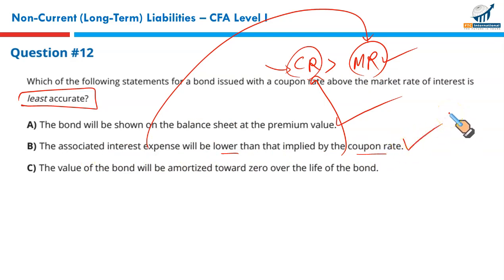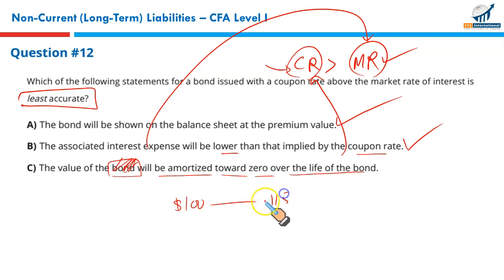Last, the value of the bond will be amortized towards zero over the life of the bond. No, this is wrong. The bond is not amortized, rather the premium or discount is. For example, if you sell a $100 bond for $115, this 15 is called bond premium. Sometimes when your offered rate is lower than the market rate, a $100 bond sells for $80, and this is called discount.